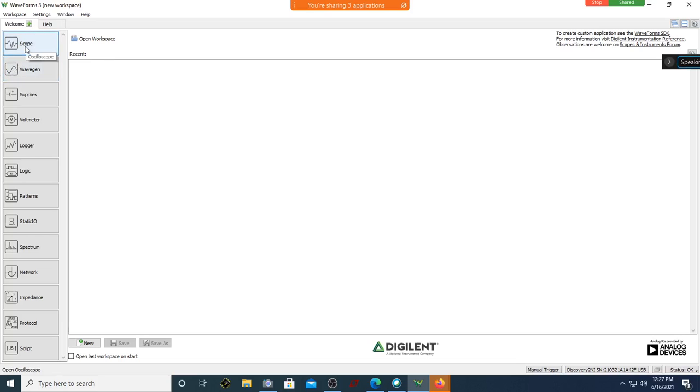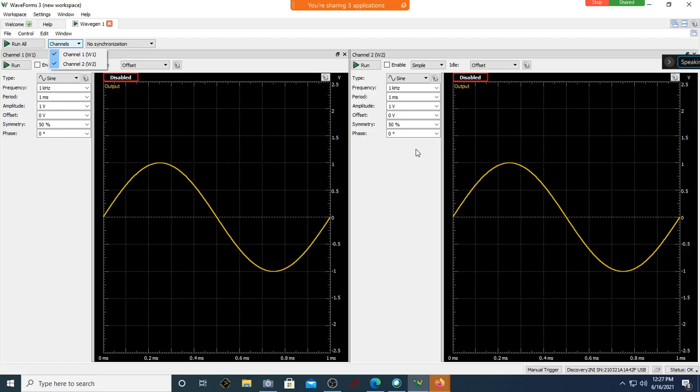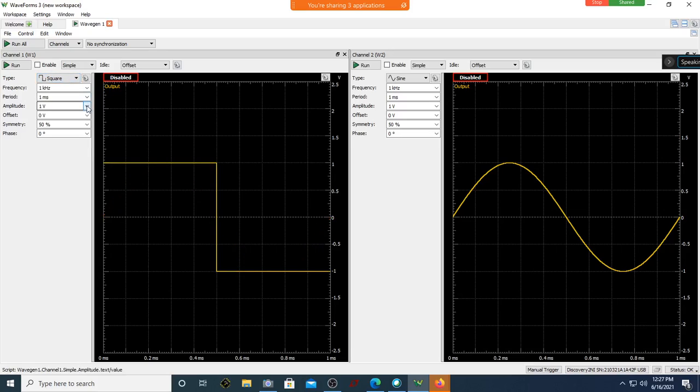Now, as per the circuit diagram, we are supposed to use both the channels. One is for the clock, the other is for start of conversion. Both of them should be a square wave. Since I want 0 to 5 volt, can you see the clock is usually 0 to 5 volt? Now it is -1 to 1.